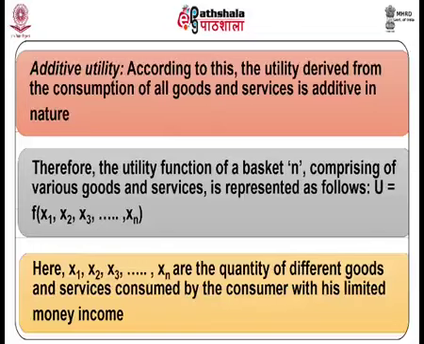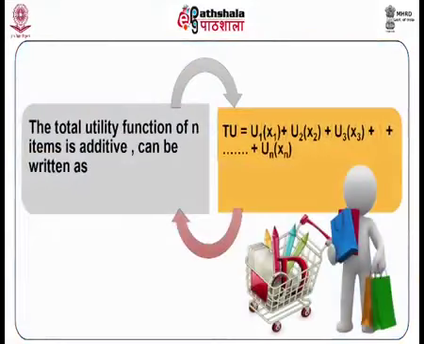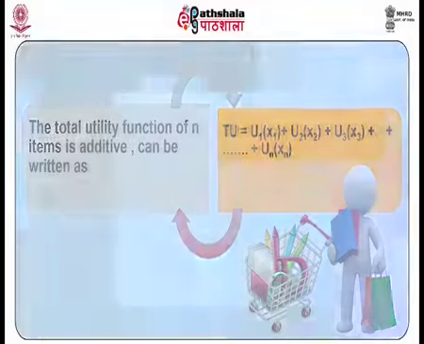Here x1, x2, x3 till xn are the quantities of different goods and services consumed by the consumer with his limited money income. Now, based on this, the total utility function of n items is additive and can be written as TU equals U1x1 plus U2x2 plus U3x3 plus and so on till Unxn.